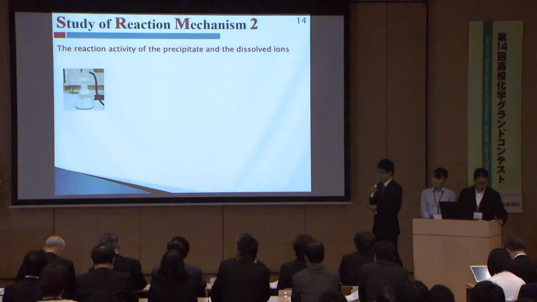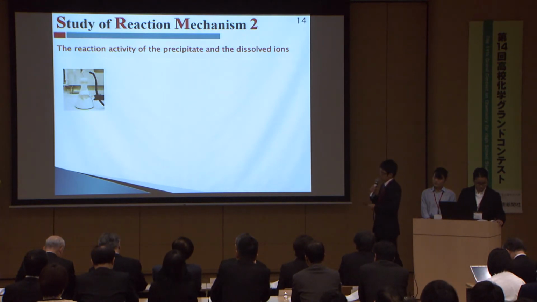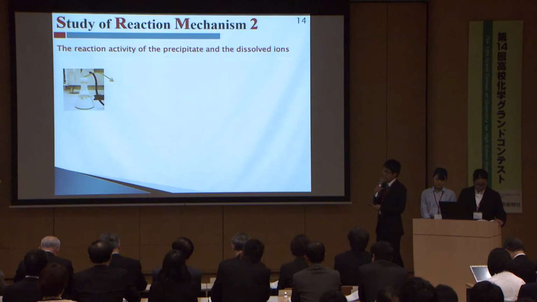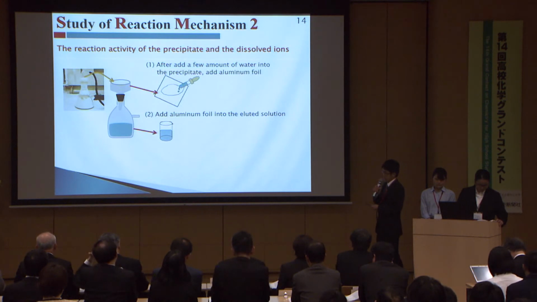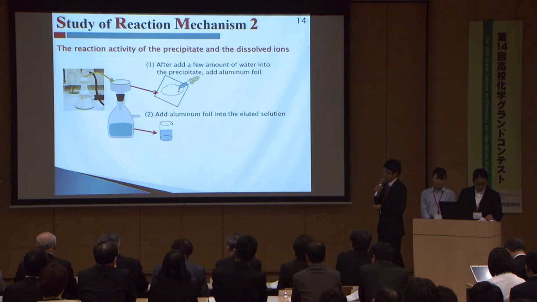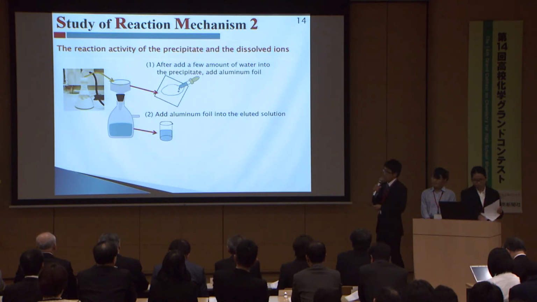In order to know the reaction activity of the precipitate and dissolved ions, we carried out filtration and reaction with aluminum foil in the filtrated precipitate and the filtrate solution. After filtration, the precipitate and the filtrate solution were separated from each other, and we added a small amount of water and aluminum foil to each.